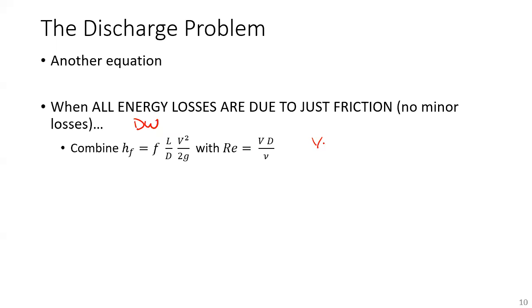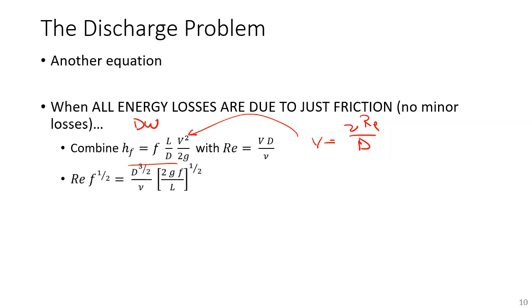So for example, V is equal to nu Re over D. And we could put that substitution here and then just solve the equation. Or solve this equation also for V and then make the 2 equal to each other.